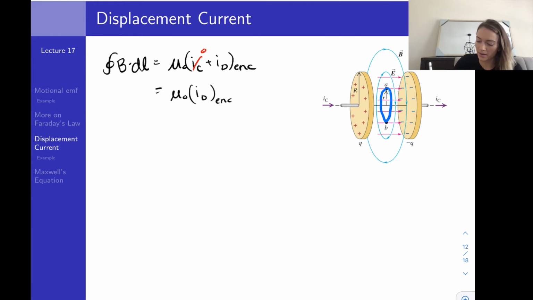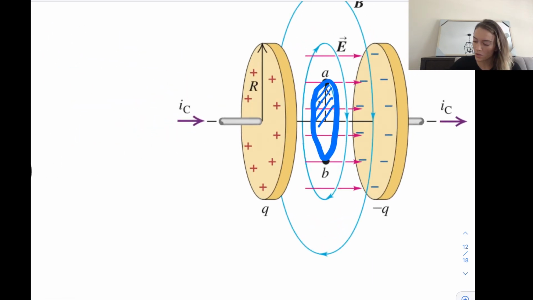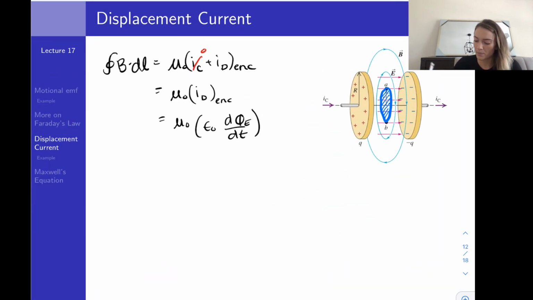And my displacement current, I said, was epsilon naught times the change in flux. Let me write the flux first, of the electric field through some area. So we're looking at the electric flux through this circular area that is bounded by our Amperian loop.